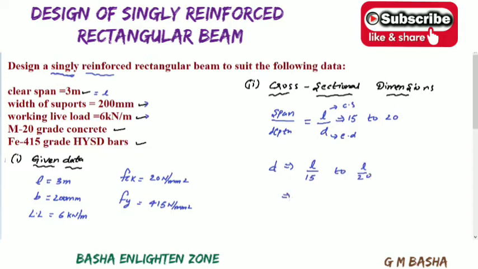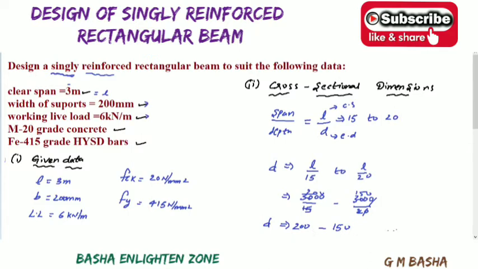The clear span L value is 3 meters, and in terms of mm it will be 3000 divided by 15 to 3000 divided by 20. Simplifying this, it will be in the range of 200 to 150 mm. Therefore your effective depth will be 200 to 150 mm.